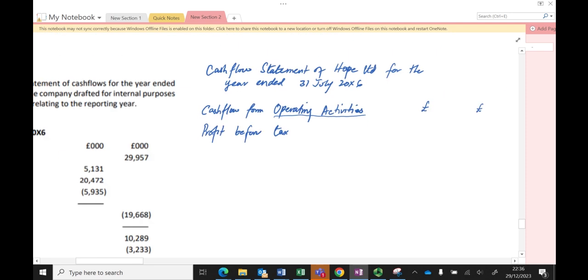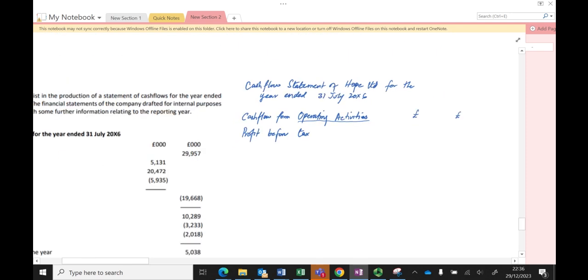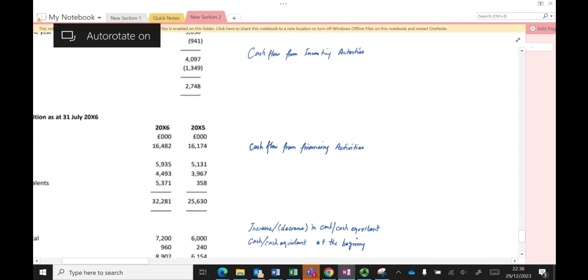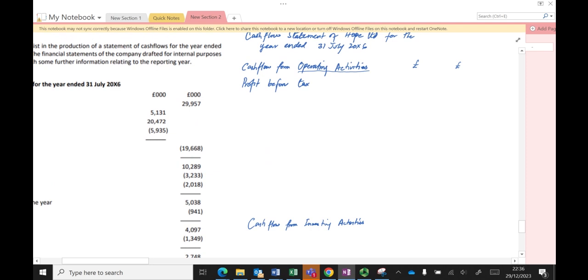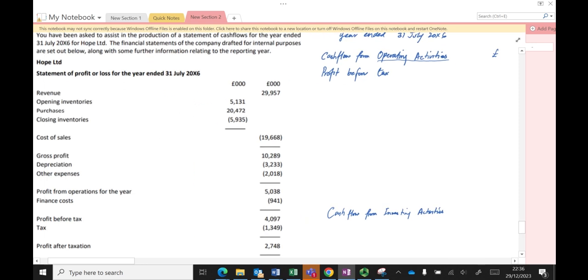Now cash flow from operating activities. I'll start with profit before tax. In the question, it is 4,097.